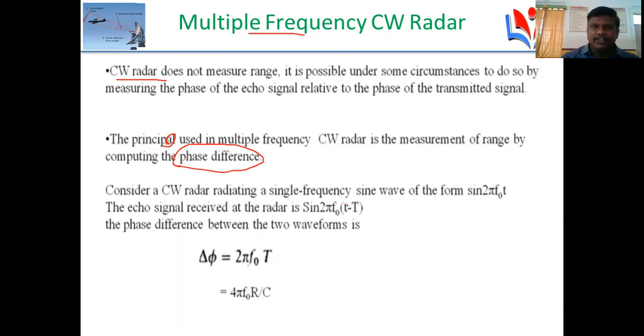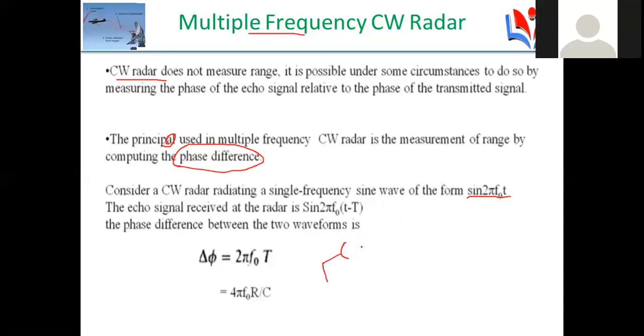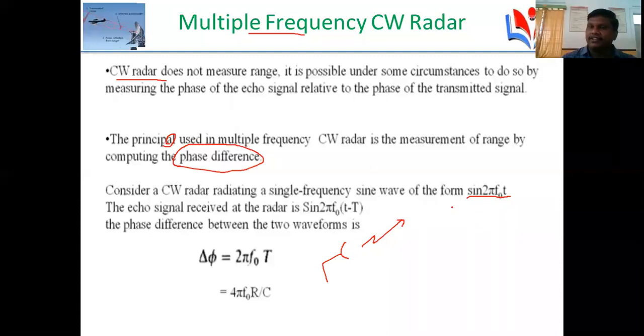Let us consider a continuous wave signal, sin 2 pi f naught t, radiated from the radar. Let us take this as the target.